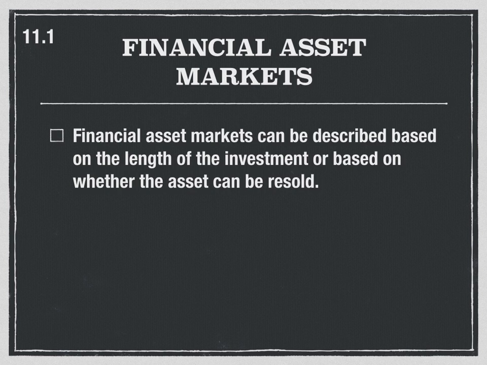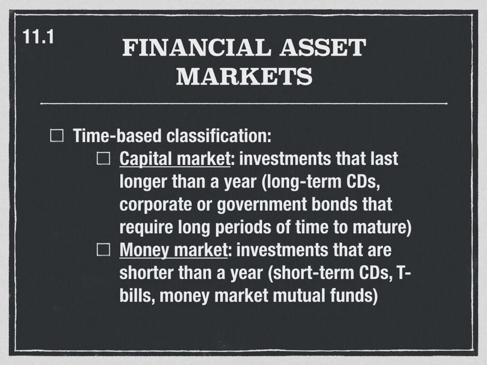Where do you get these things? Financial asset markets. And the types of financial asset markets are either described based on the length of time the investment is made for, or based on whether the asset can be resold. All right, time-based classification: you have capital market for investments that last longer than a year. Long-term CDs, government or corporate bonds, like our savings bonds that we were talking about, take many years to mature.